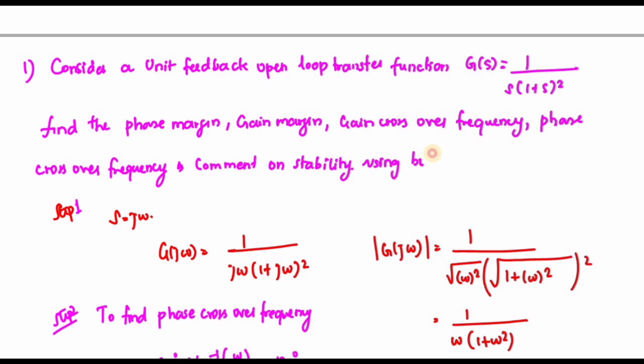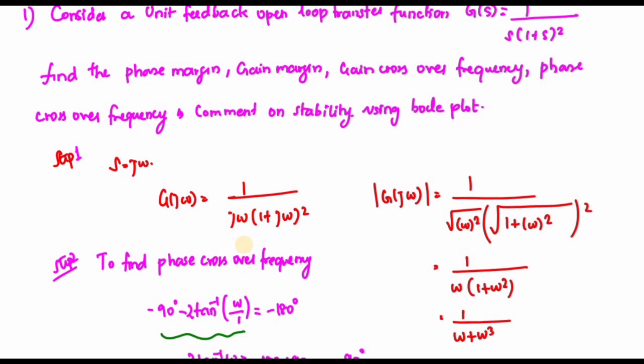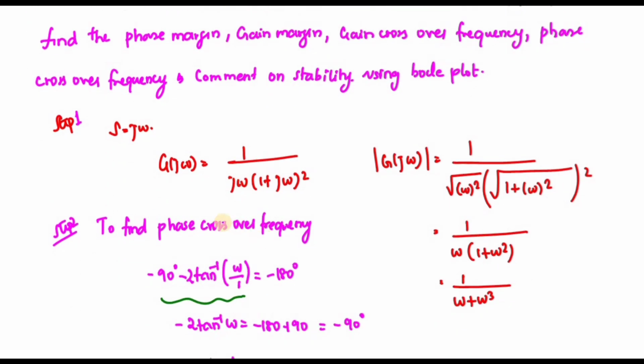Okay. So in the previous video, I have solved the same problem without using the Bode plot. In that, the first step is to substitute s = j omega. You will get this expression, and I have also discussed how to find the phase crossover frequency.